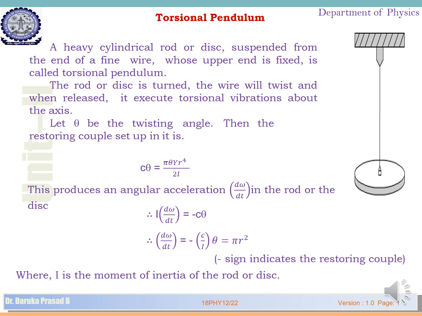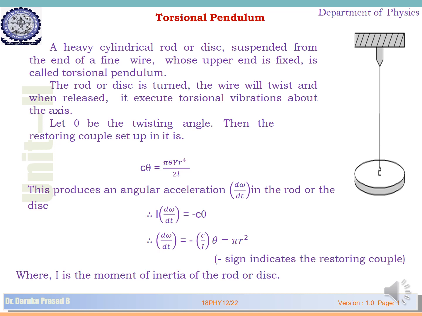Let theta be the twisting angle, then the restoring couple is C theta, where C is nothing but pi eta r to the power of 4 by 2L. This restoring couple produces an angular acceleration d omega by dt in the rod or disc. Then I into d omega by dt is equal to minus C into theta.